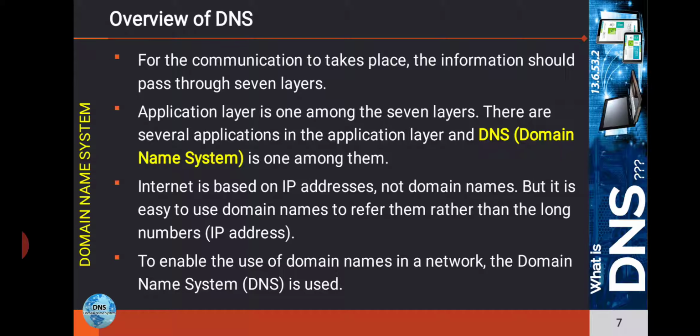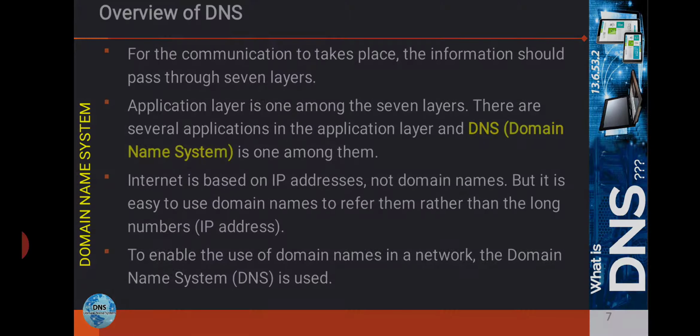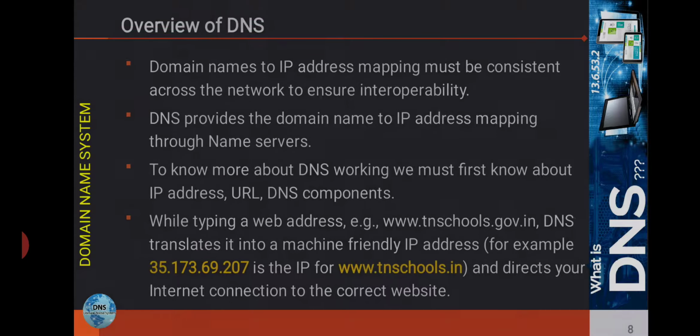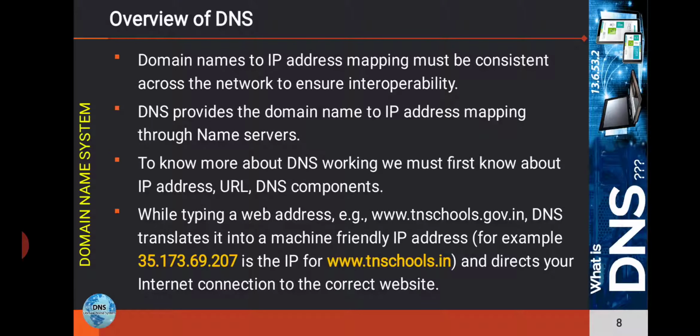So to enable the use of domain names in a network, the domain name system is used. The mapping of domain names to IP addresses must be consistent across the network to ensure interoperability. So DNS provides the domain name to IP address mapping through the name server.